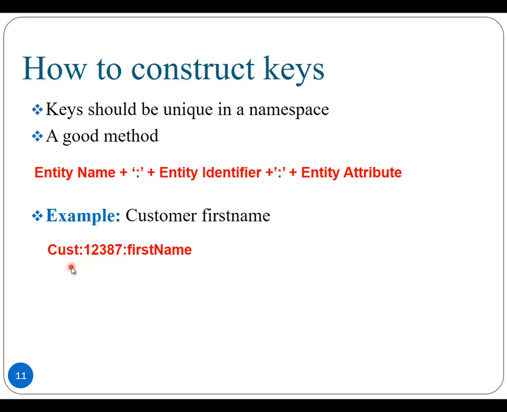That's the entity name. The second part is the entity ID, the ID of the customer. Each customer has an ID that is unique. That's the ID and a colon and the first name. So we want to store the first name of a customer. We make a key like this for it. That's what we do for constructing keys.